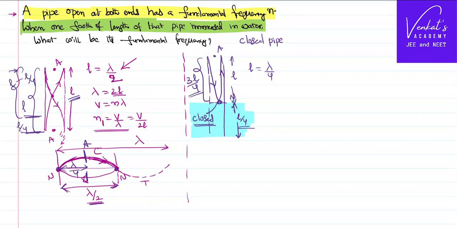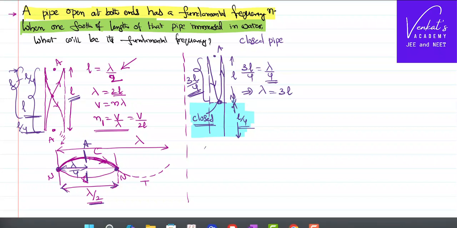That is 3L by 4. So the length of this closed pipe is not L, but 3L by 4. Be careful. As this 3L by 4 is behaving like lambda by 4, this implies I can write lambda as 3L.